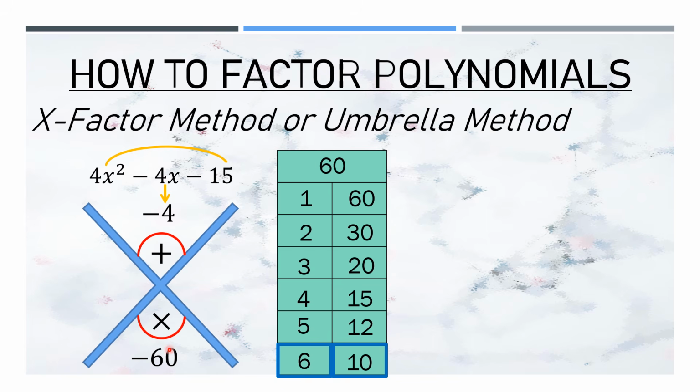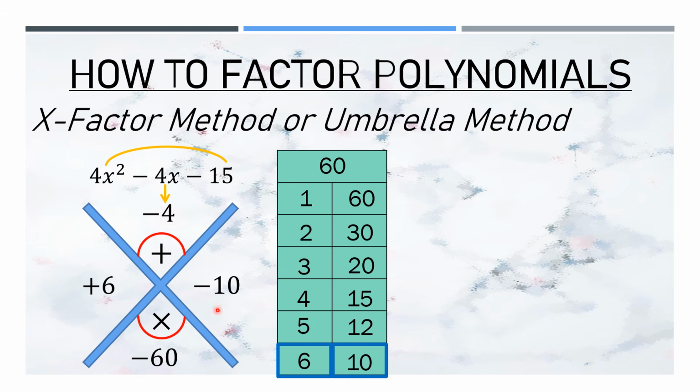So yung 6, ilagay na natin dito. Again, ang sign dapat ng 6 ay positive 6. And then yung 10, kailangan negative siya dahil negative dapat ang nasa gitna. So, ilagay natin dito, negative 10. Okay, kompleto na yung nasa parts ng x factor natin.